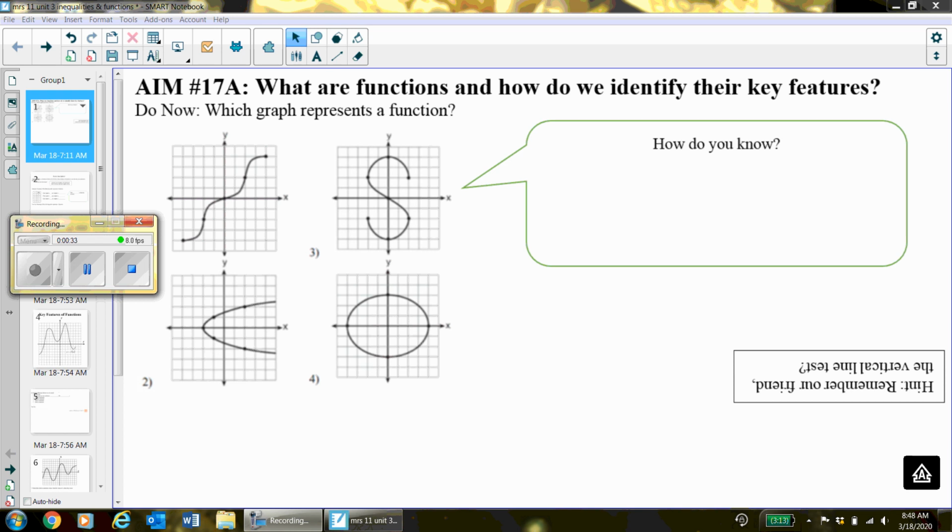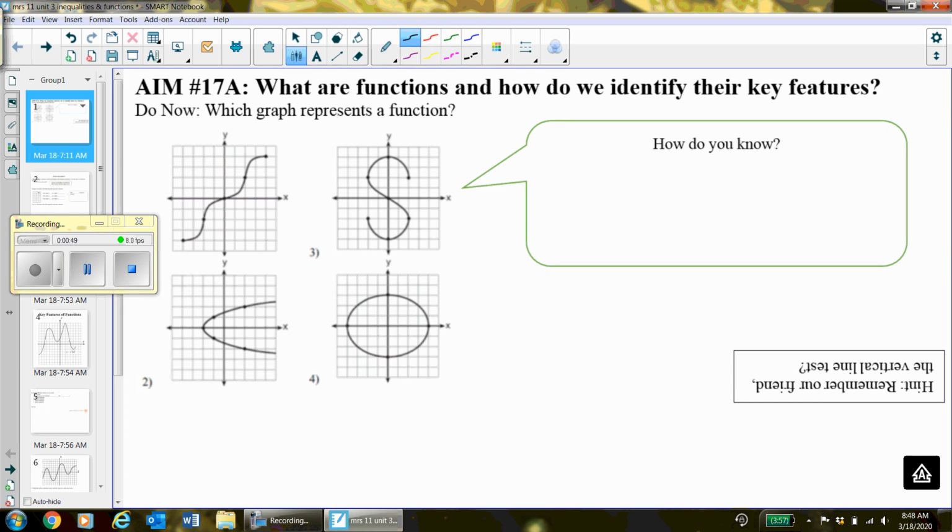So if you remember what a function is, it has several indicators that a graph could be a function. The first one is if you're looking at it, it can pass the vertical line test, which is a hint that I provided for you in this corner here where I'm drawing the arrows.